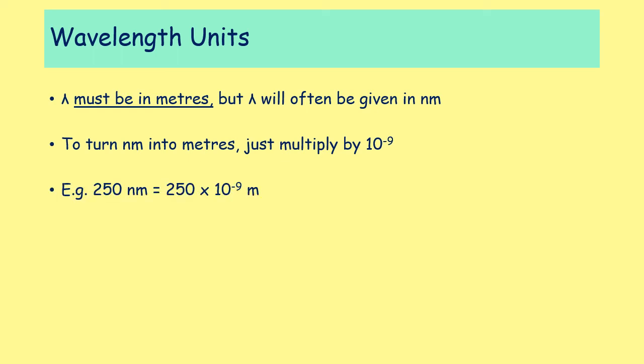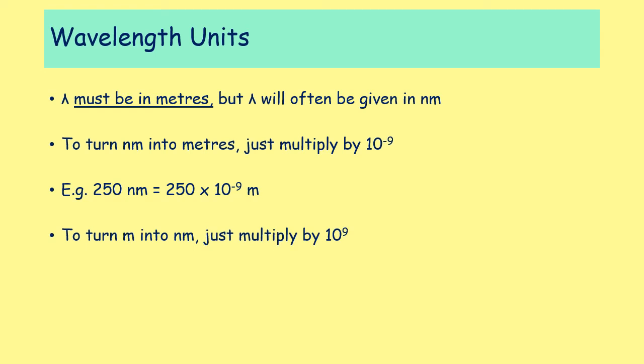So for example, 250 nanometers is 250 times 10 to the minus 9 meters, and that's what you would use in your calculation. But always be careful, because maybe they will give you the value in meters to start with. So only do this if you've been given nanometers.